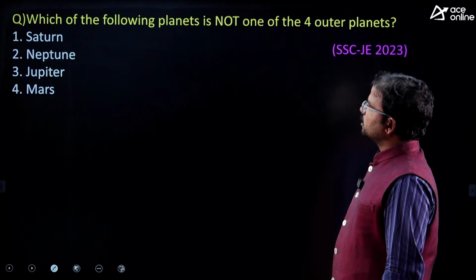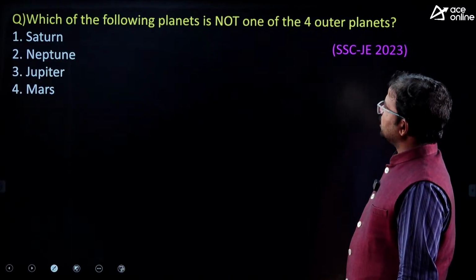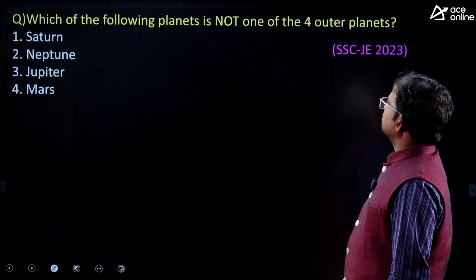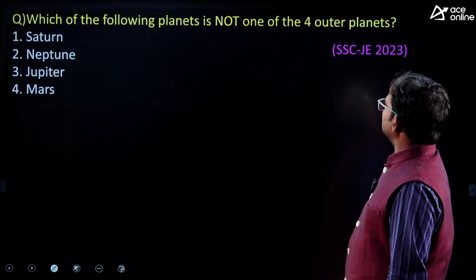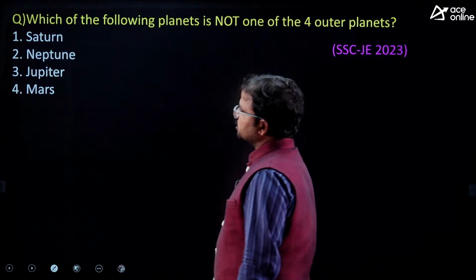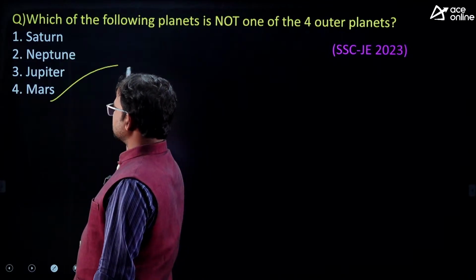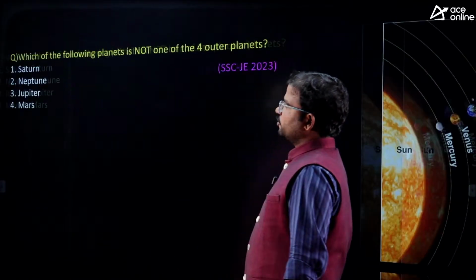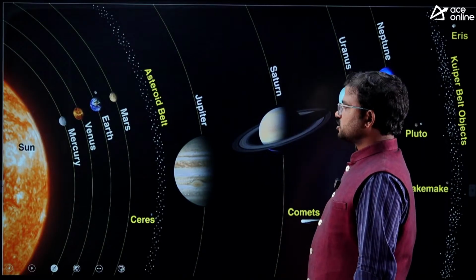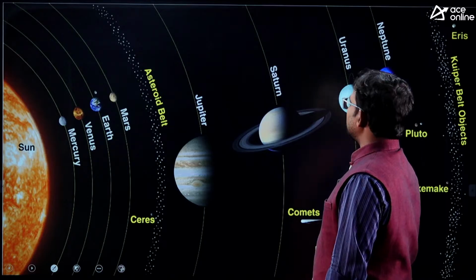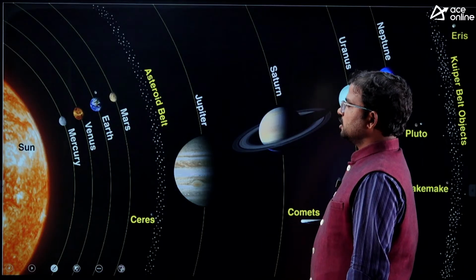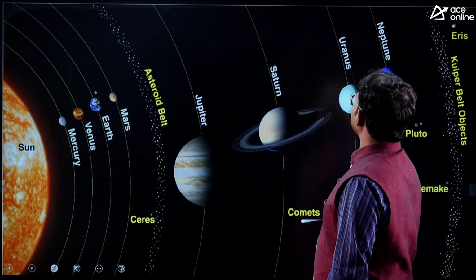Next, which of the following planets is not one of the 4 outer planets? Saturn, Neptune, Jupiter, Mars. Of course, Mars is the correct one. If you consider the solar system, we have 8 planets only: Mercury, Venus, Earth, Mars, Jupiter, Saturn, Uranus, Neptune.